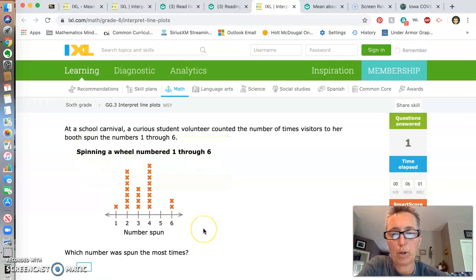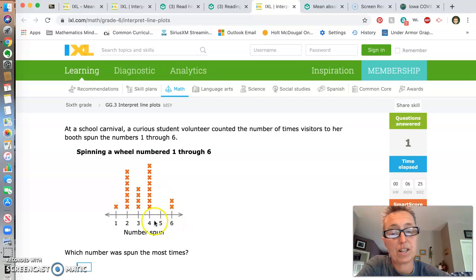I'm going to do one more here. At a school carnival, a curious student volunteer counted the number of times visitors to her booth spun the numbers 1 through 6. So here's your 1 through 6. Notice that even though there are no X's above the 5, you still have the 5 there. If you ever have to make a line plot or a dot plot, remember that. It's important that you include all the numbers here.